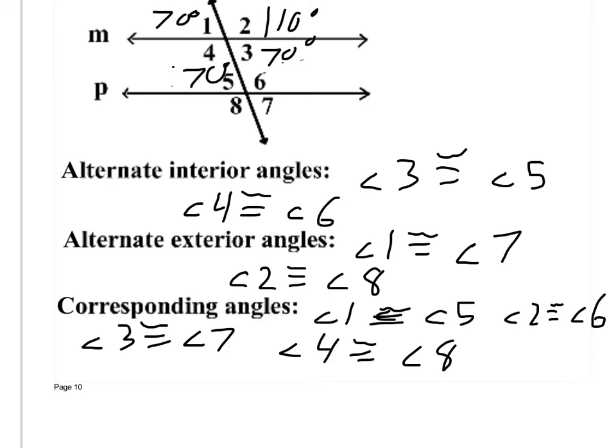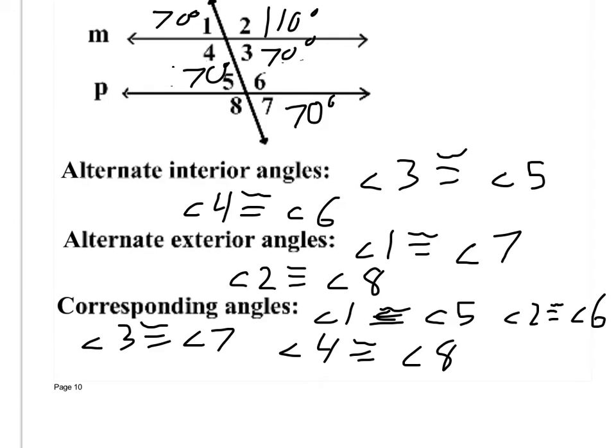If I know that angle 3 is 70 degrees, I know angle 5 is 70 degrees because of alternate interior angles. I also know angle 5 is 70 because 1 and 5 are corresponding. So if I know angle 1, I know angle 5. If I know angle 5, then I know angle 7, because they're vertical angles. Also because 1 and 7 are alternate exterior angles.